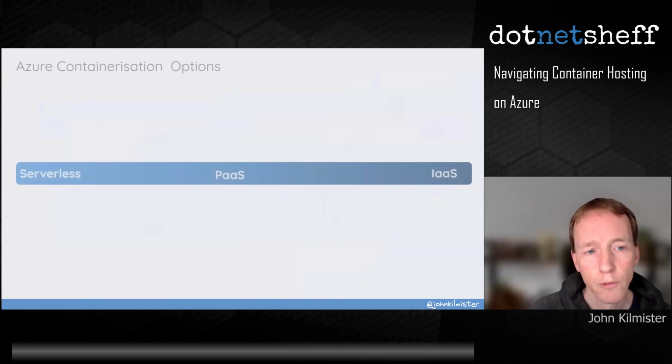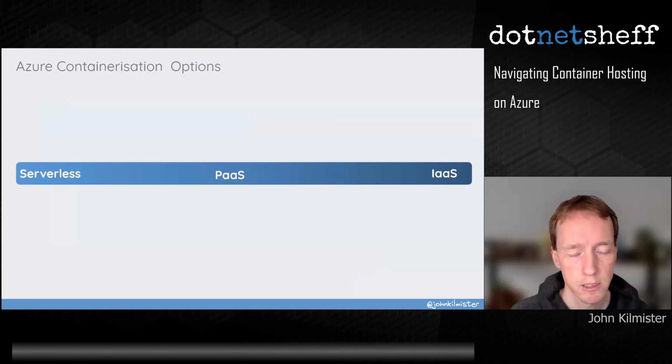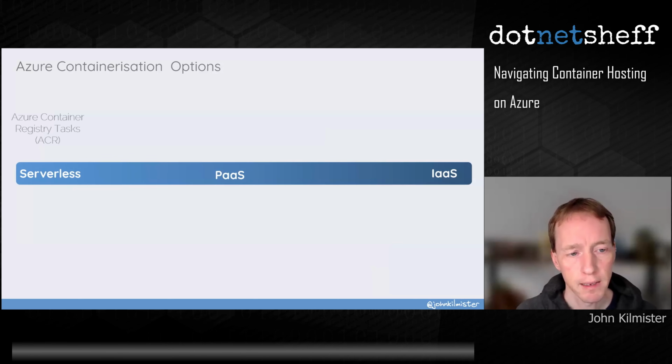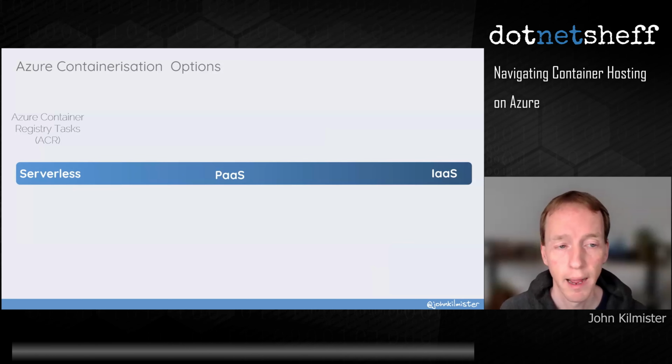So onto the main part of the presentation. What options do we have? Well, actually, there's quite a wide range, and some of them you may have heard of, and some of them may be new to you. But we have things all the way on the left-hand side here that are completely serverless. You can just take your container and run it in the cloud.